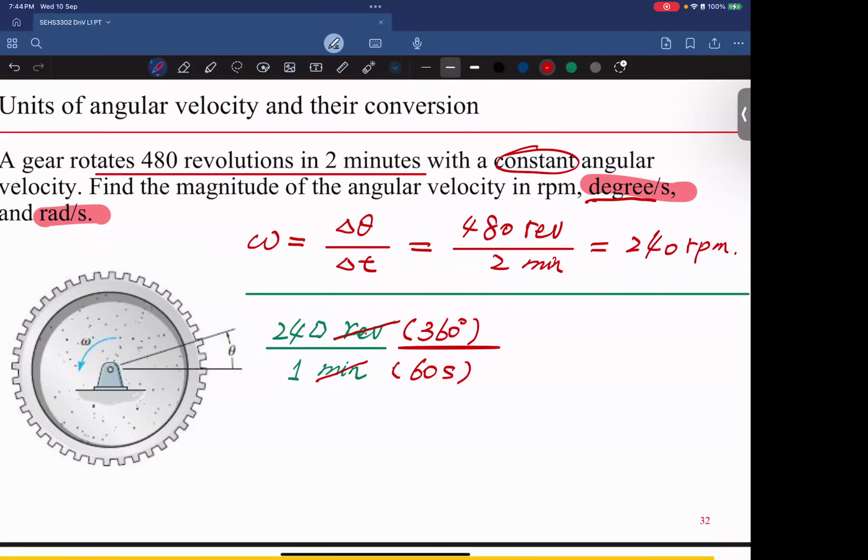The last step is just to calculate: 240 over 60 is 4, 4 times 360 is 1440, and the unit is degrees per second. That's the result.